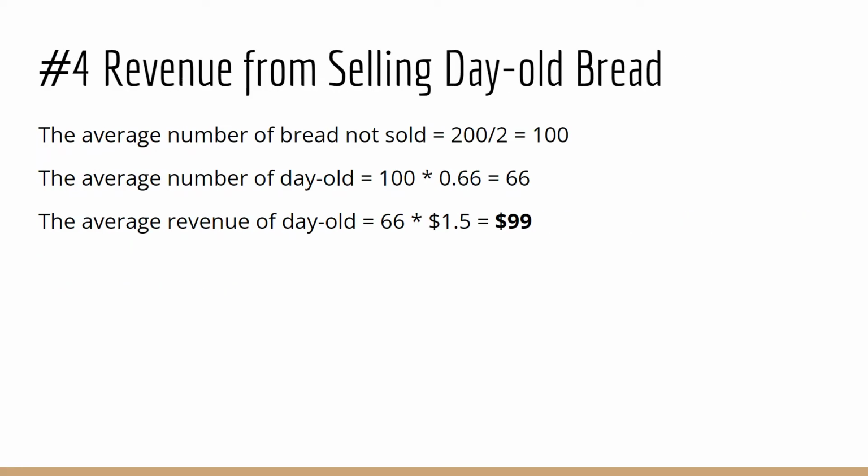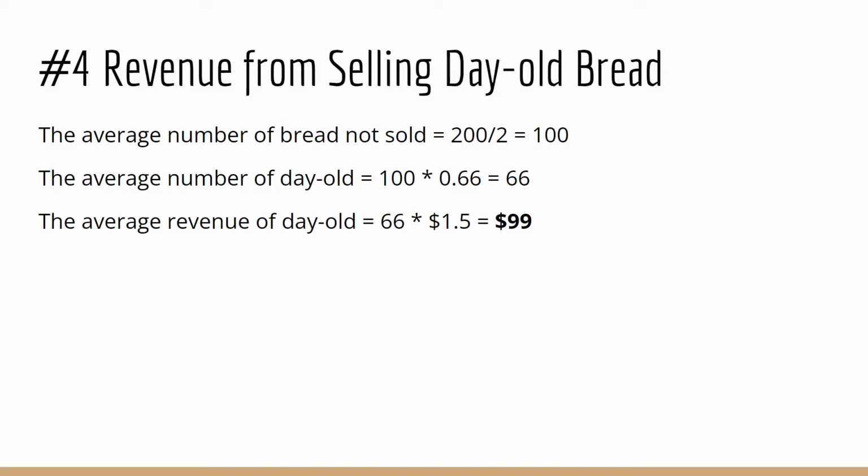The fourth question is asking the revenue from selling day-old bread. We know the maximum not sold bread each day is 200, and the minimum is 0. So the average number of bread not sold is 200 divided by 2, which is 100.